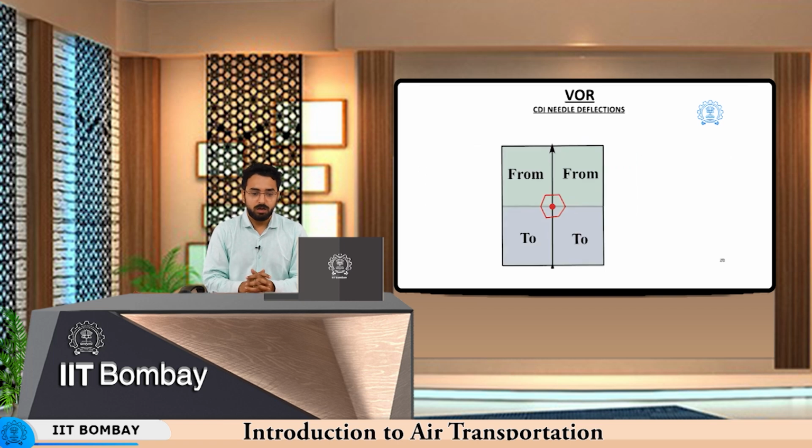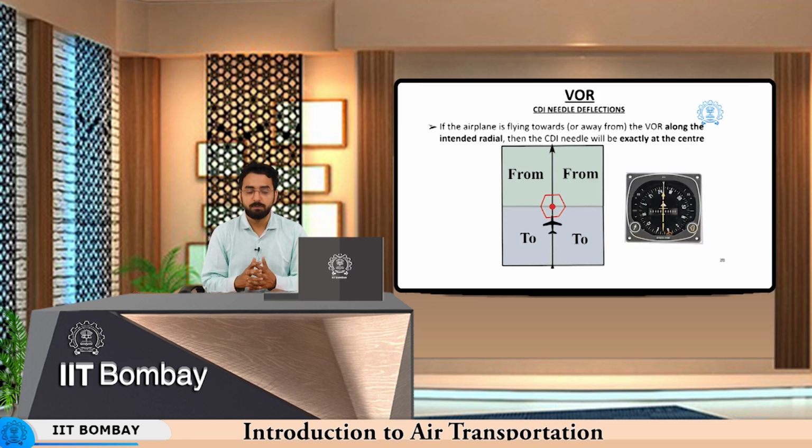Let's understand the different deflections associated with VOR CDI equipment. For instance, a plane has selected a particular course and is on the selected path. The CDI needle will be aligned in the middle and will show a to direction if it is approaching from the to sector.